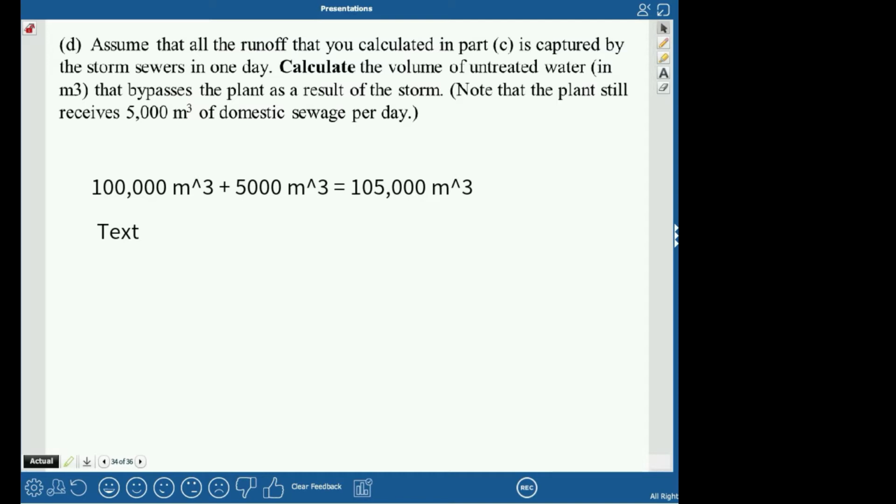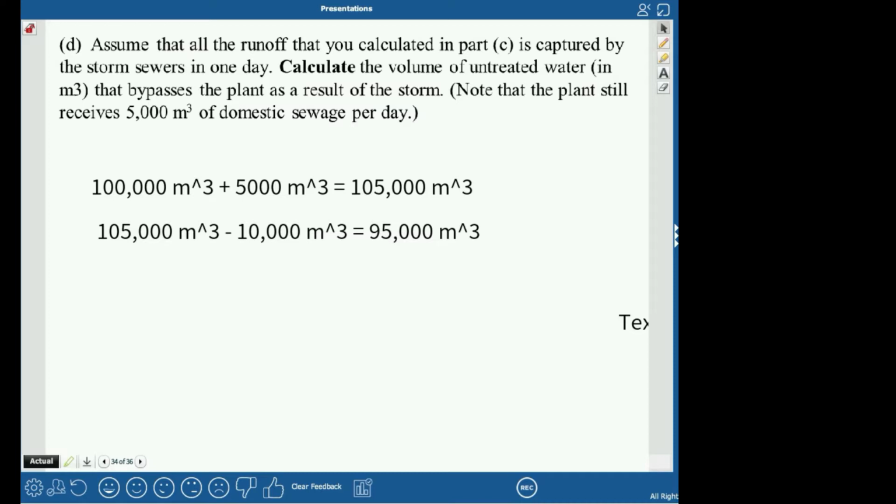We're still going to have a lot left over, right? This is a lot of rain though. 5 inches in 60 minutes is a lot of rain. So now we've got 95,000 meters cubed.